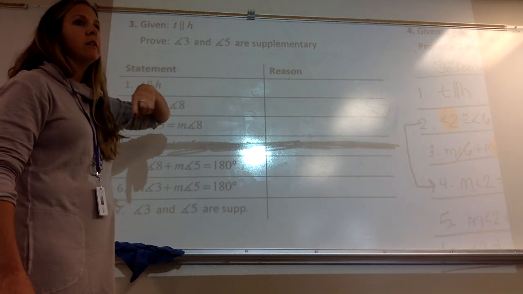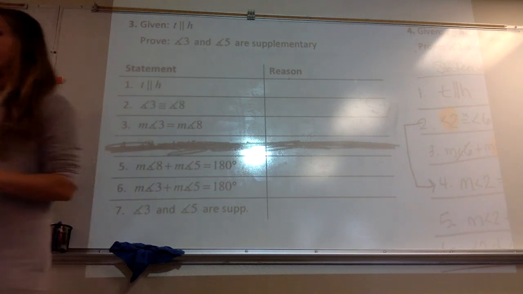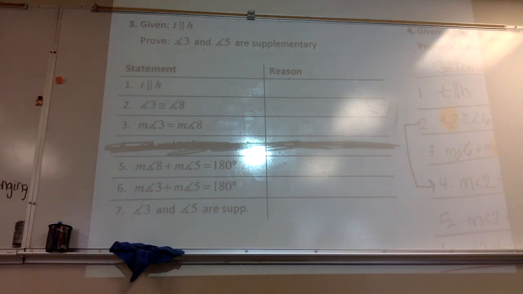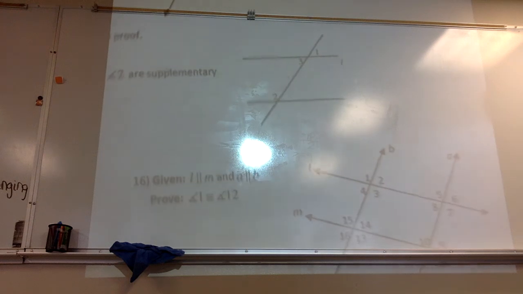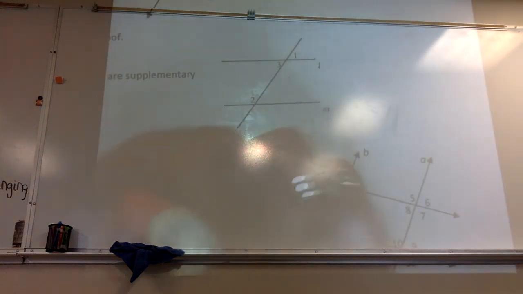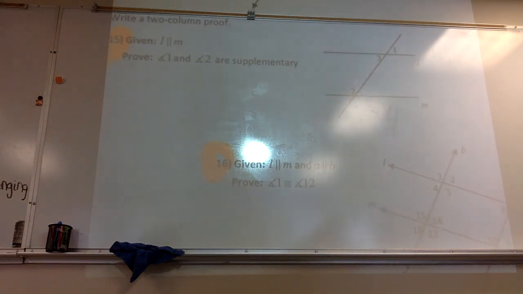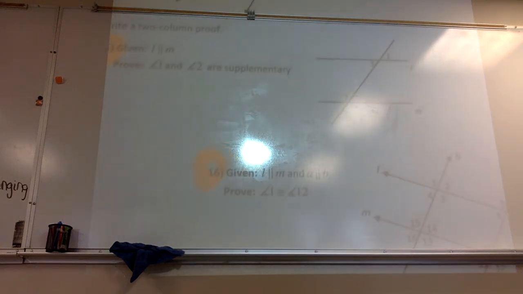Tomorrow, you'll have a Pearson textbook thing with algebra, and then everybody look at your questions. I think it's 15 and 16. You're going to try those. So just try them.